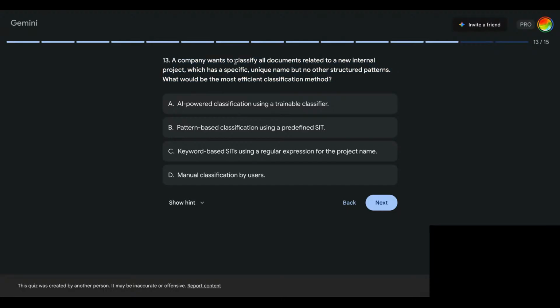So they want to classify all documents, but they have no structured patterns. So it's unstructured data. So what would be best to be used for unstructured data?